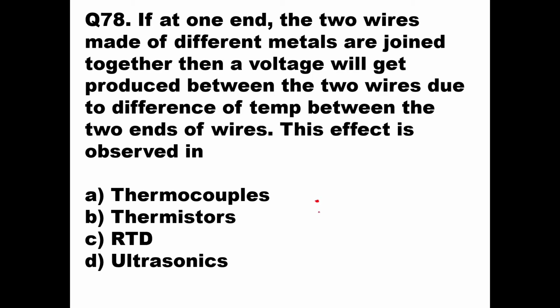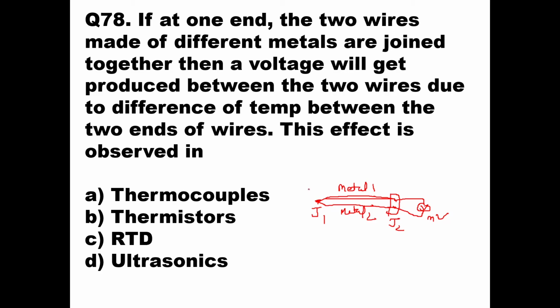Say this is a junction 1, and if you're taking two dissimilar materials from here, so this is metal 1, and this is metal 2, and then you come to here and close the circuit with a reference junction. Now here if you connect a voltmeter, then you will get a reading in millivolts, depending on the temperature difference between the junction J1 and J2.